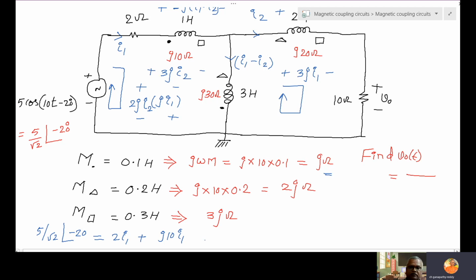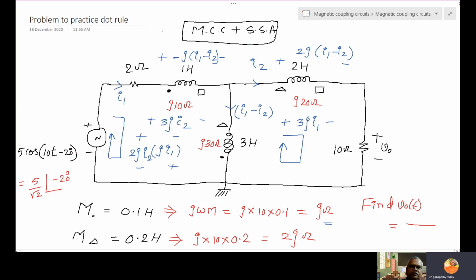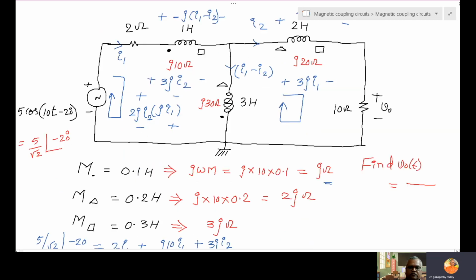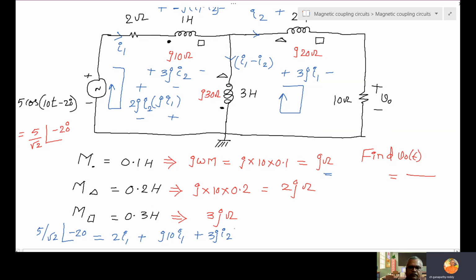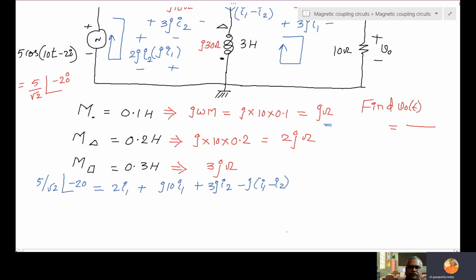Then one mutual induced EMF is 3j I2. Then this one, going from positive to negative is plus, but here the value is minus. So therefore minus j into I1 minus I2.